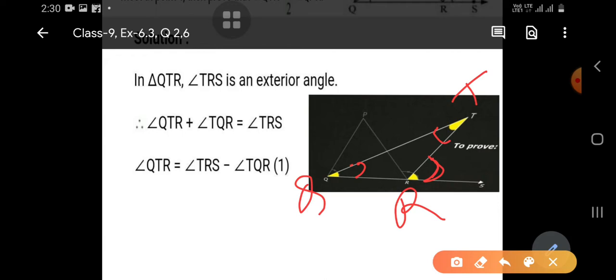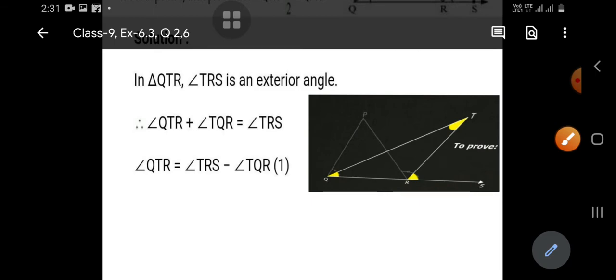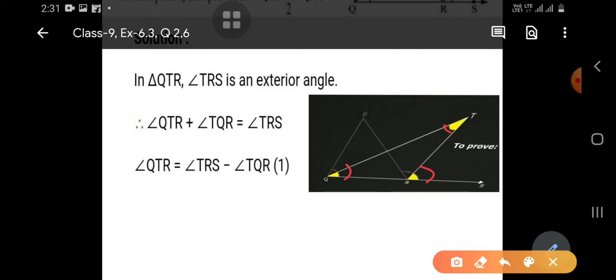The exterior angle is TRS. This is the exterior angle. It will be the sum of the two interior angles, that means angle QTR, that is this angle, and another angle TQR, that means this angle. So the sum of this angle and this angle is equal to this angle.